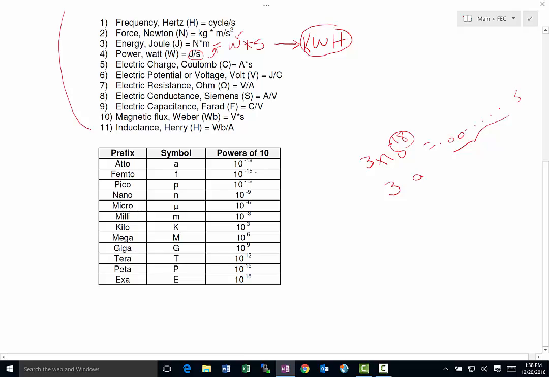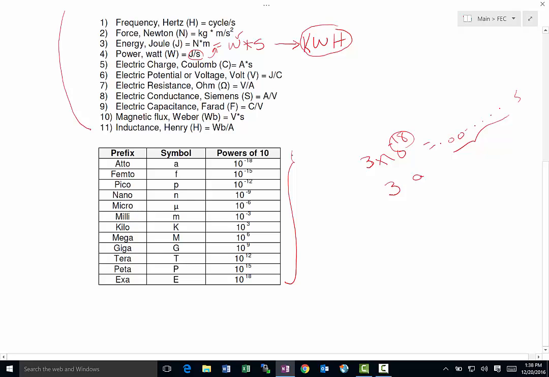It's very common for us to have capacitors that are pico, nano, micro. We have resistors that are mega and giga. We have data storage that is peta in size, 10 to the 15. You should get yourself familiar with these prefixes.